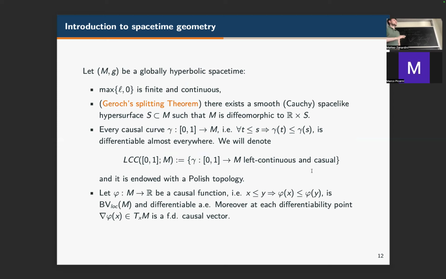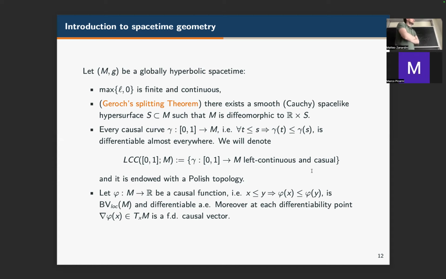The second one is the very famous Geroch splitting theorem that says that once you have a globally hyperbolic spacetime, you can always find a codimension 1 space-like hypersurface such that the manifold is diffeomorphic to a cylinder over this hypersurface. So like in Minkowski space, you can identify time equal to 0, you find a space-like hypersurface, and the space is diffeomorphic to a cylinder. Notice that it's diffeomorphic, not isometric, so it can oscillate.